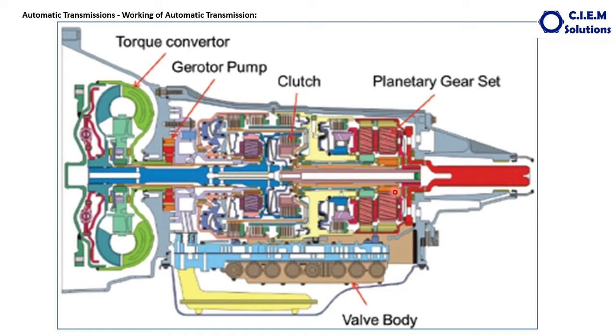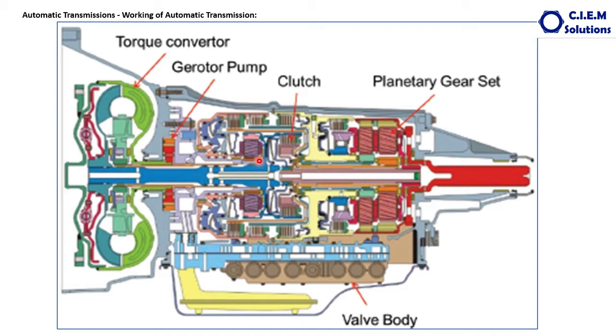This is the cross section of an automatic transmission. The first one is the torque converter, which I have discussed, and then this is the charging pump. The red one is the charging pump. Then these lines are called clutch packs, and these are called the planetary gear units. We'll discuss the working of each and every component in detail.